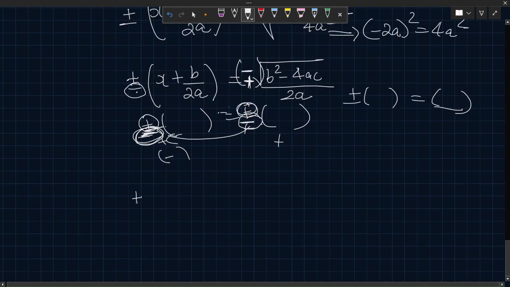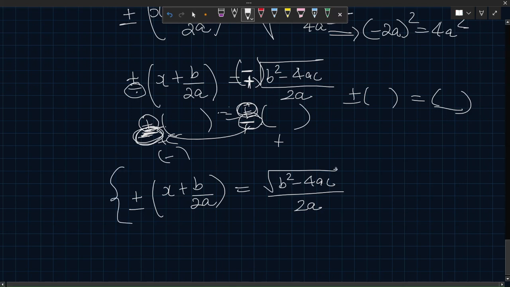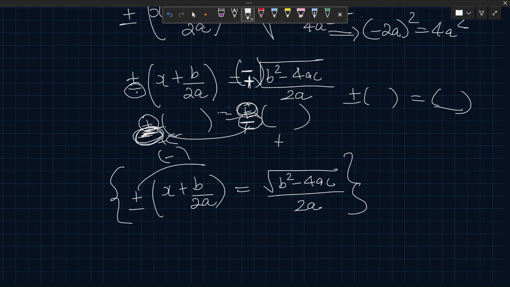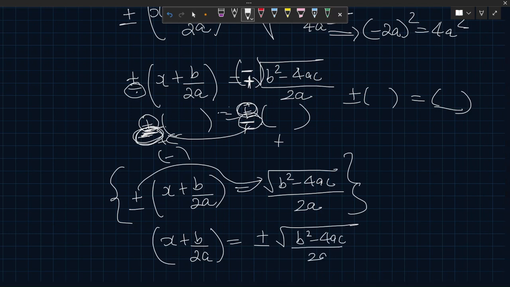So essentially, you just get plus minus x plus b by 2a equals square root b square minus 4ac divided by 2a. I can just put these signs here instead, which means x plus b by 2a can be plus or minus square root b square minus 4ac by 2a.